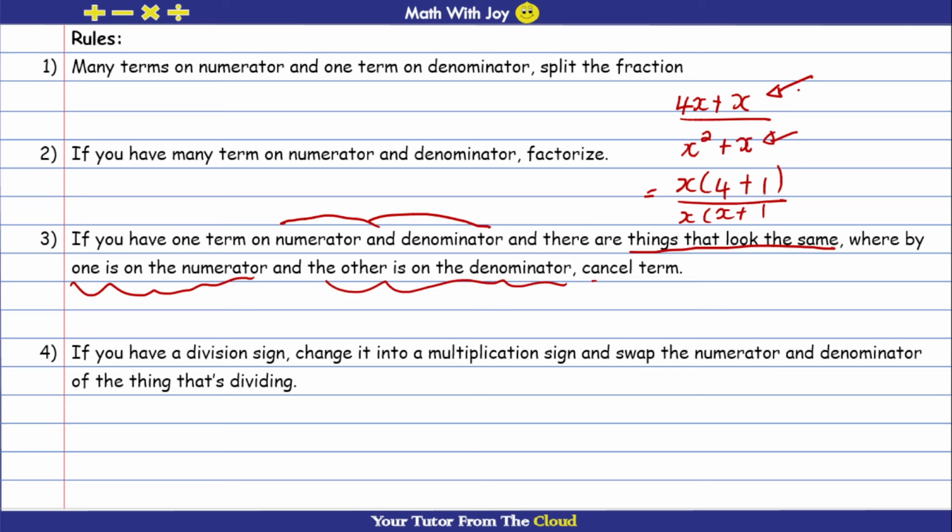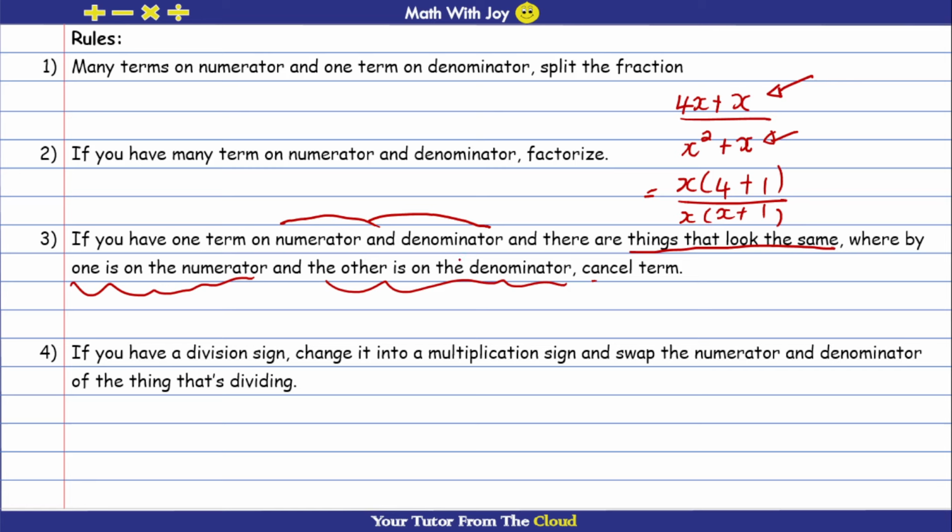For example, for the one we just did, initially you have two terms in the numerator and one term in the denominator. But after factorizing, remember the brackets are going to glue the terms. Let's put that bracket that is supposed to be there. So you have one term, one term.